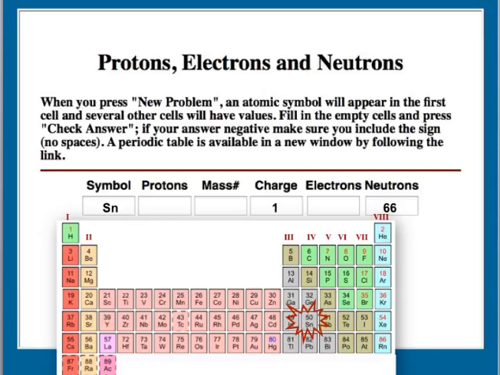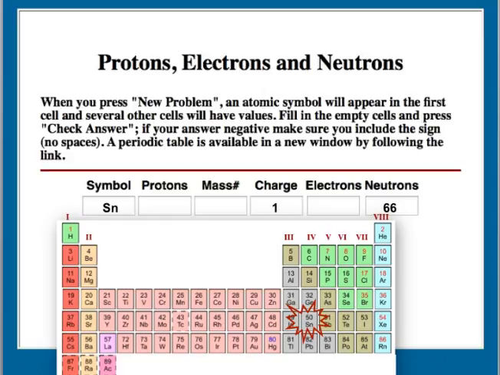Right there. It's 50, isn't it? So we're going to have 50 protons. 50 protons. If we have 66 neutrons, our mass number is just going to be what? 50 plus 66.